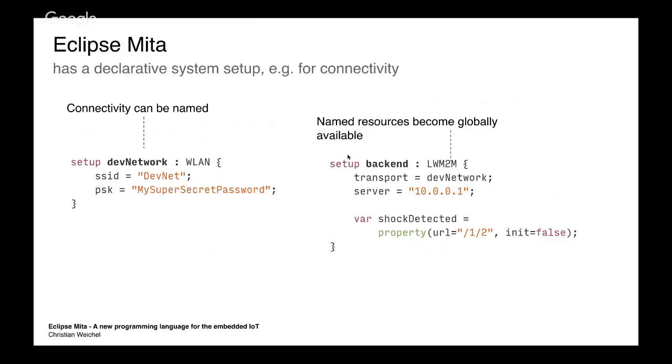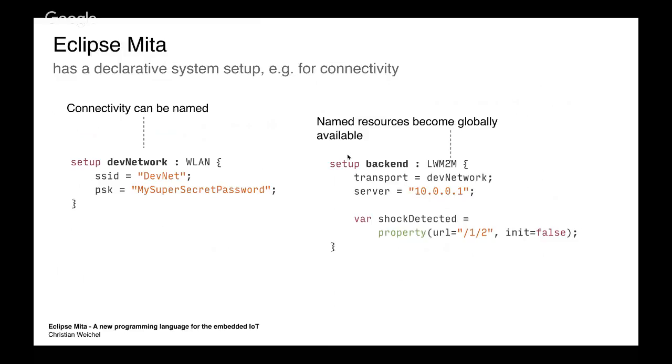Some system resources can also be named. So, for example, the WLAN or Wi-Fi system resource can be given a name so that it can be referenced later. So on the left side, we're setting up the Wi-Fi resource, and on the right side, we're setting up the lightweight M2M protocol stack, and that needs to know through which device it should talk to the outside world.